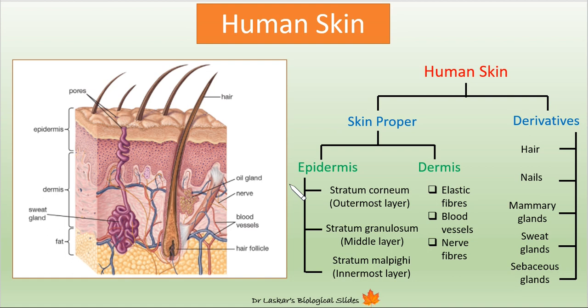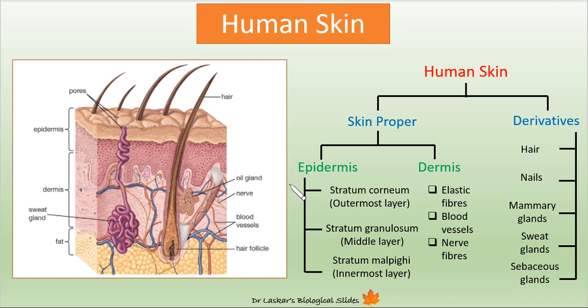It is the outermost covering of the body, and it mainly serves a number of important functions for the human body as well as for the bodies of other animals. Now microscopically, if we observe the human skin, we will see different kinds of structures.